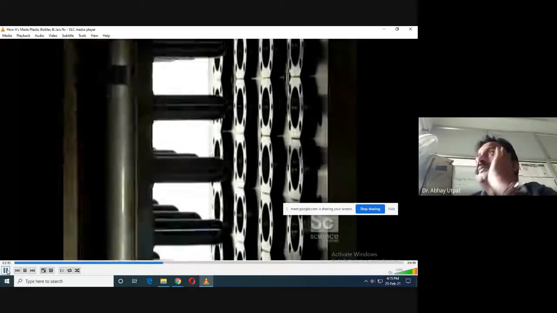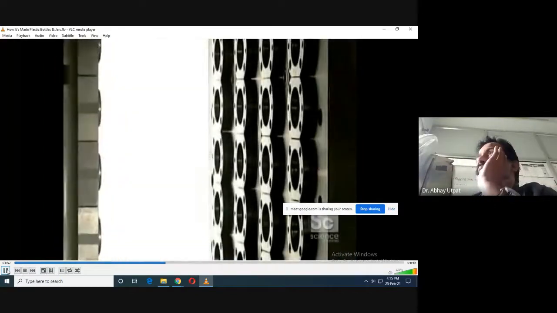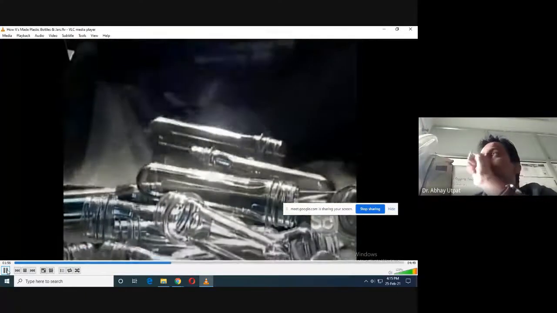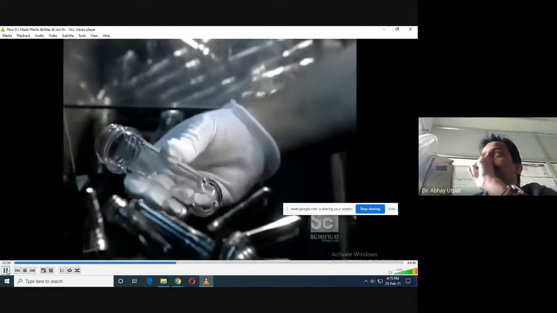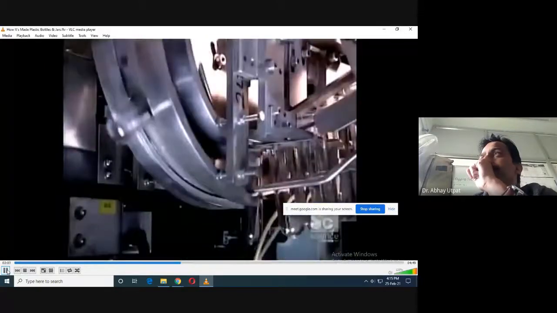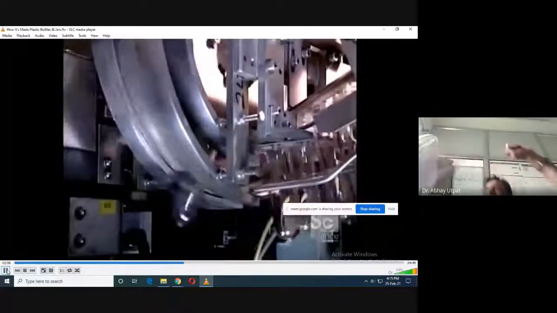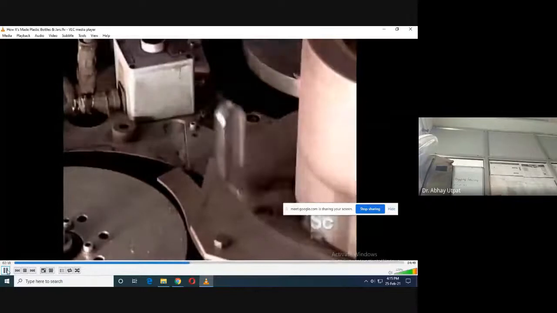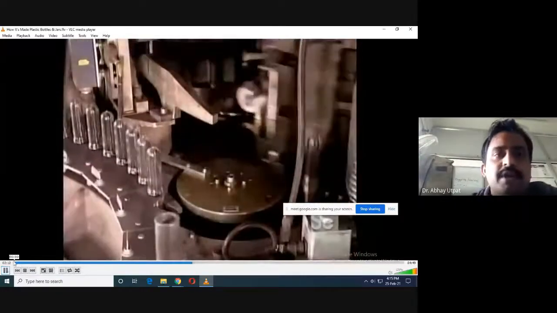And now these are sent to blow station. These are preheated. See, from one side Parison is going, another side bottle is coming.